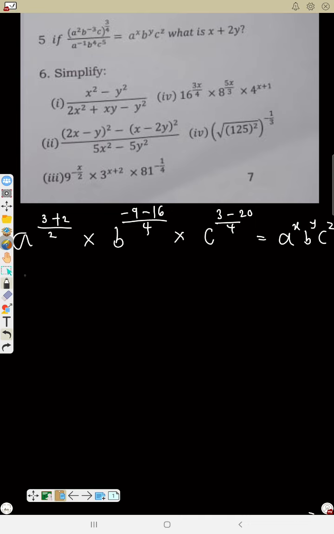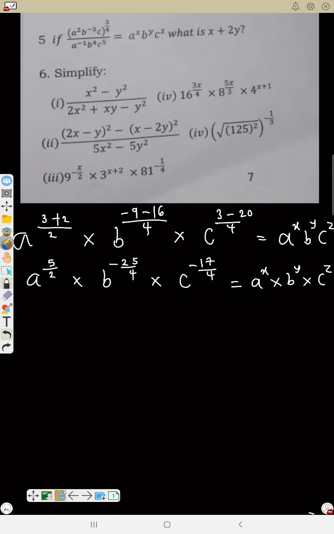Now this is a raised to power 5 over 2 times b raised to power minus 25 over 4 times c raised to power minus 17 over 4 is equal to a raised to power x times b raised to power y times c raised to power z.